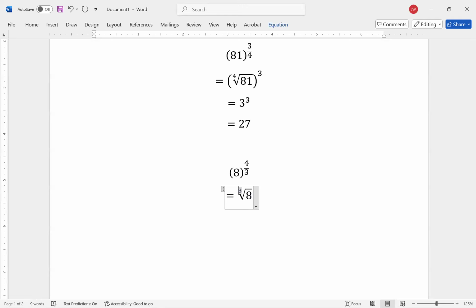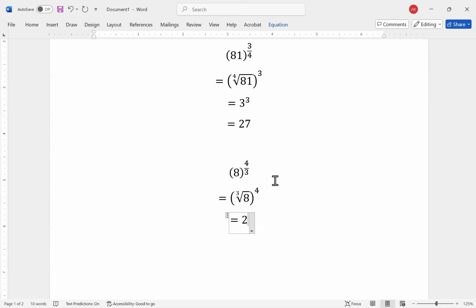The 3rd root of 8 is equal to 2. 2 times 2 times 2 gives you 8. And then we're going to take 2 and raise it to the 4th power. If you do that, 2 to the 4th power is 16. And so that just becomes 16.